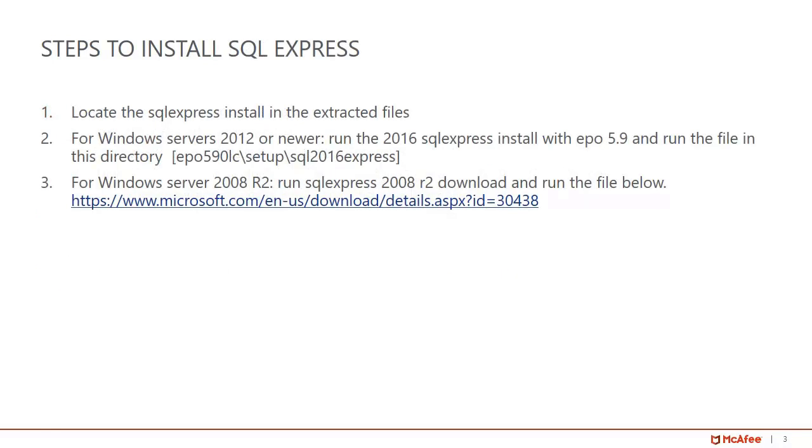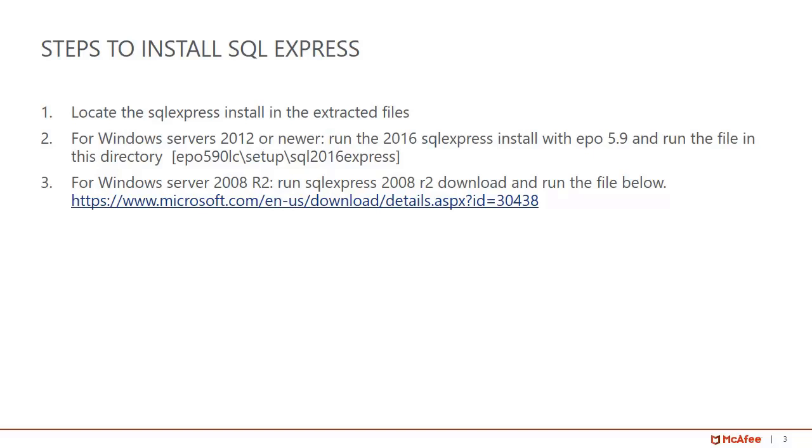The steps to install SQL Express, I have found in my installations of our ePO server onto a 2016 server that our installation does not offer you the capability to self-install SQL Express during the installation of ePO. And you may have to come back and install it manually before you actually install the ePO console.